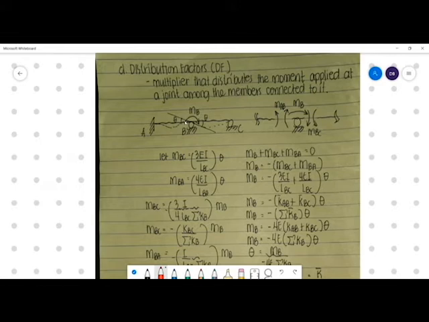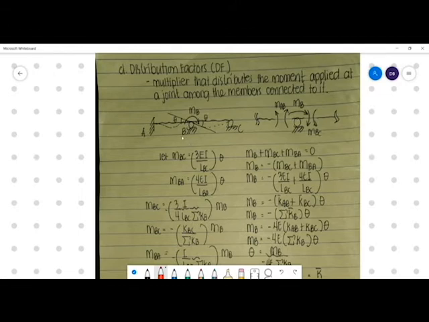It means we have a moment on the support, and it passes on a moment to each span involved.